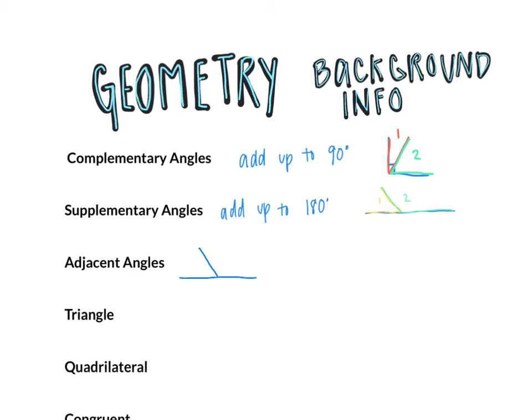So they could also be complementary or supplementary, but they don't have to be, okay? So these two angles, call it angle A and angle B, those are adjacent. These two angles, angle A and angle B, these are also adjacent. So it's angles that are directly beside one another.